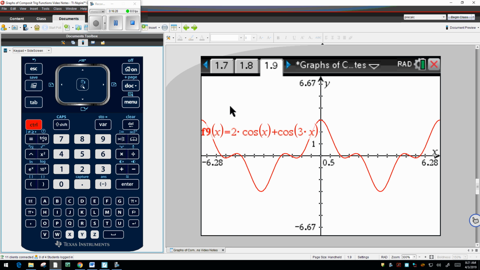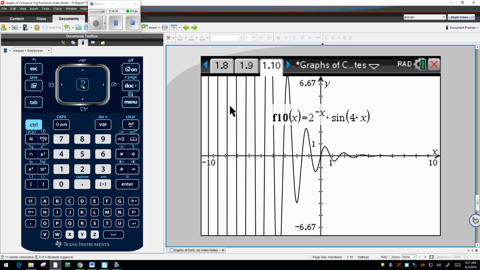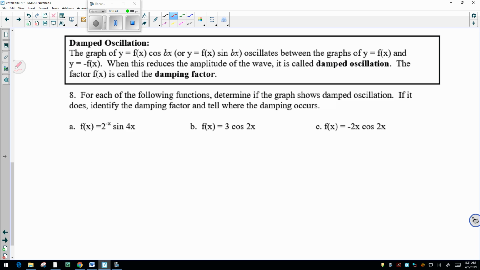Okay, so if we look at these graphs, for this first one, I can see that this graph looks like it's being squished. And now it's being squished, but not towards the origin, but towards the right-hand side of my graph, where x goes to infinity. So I would say yes, this does have damped oscillation. Okay.